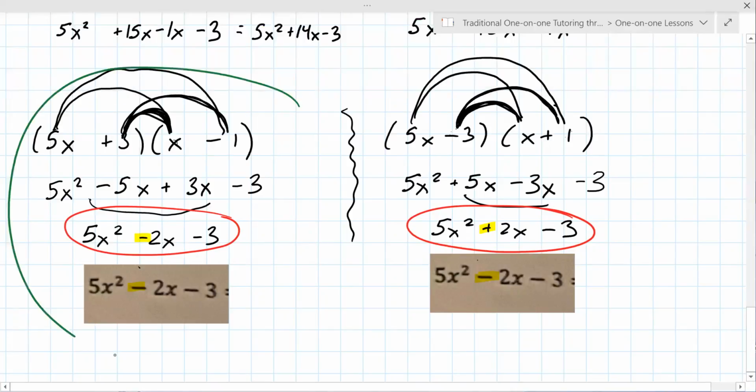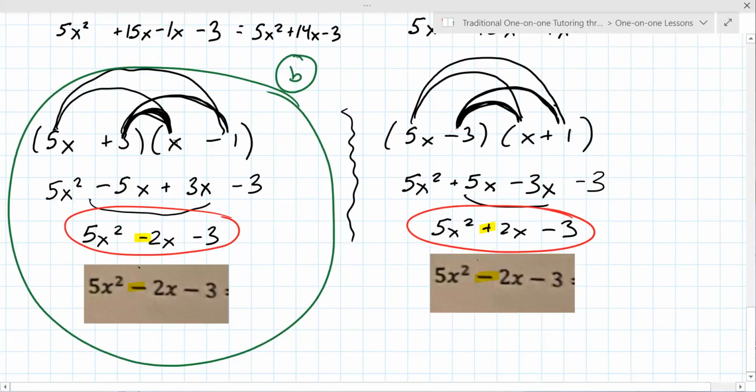So this is the work that you need to show for letter B. Okay, there we go. Got it. Got it down.